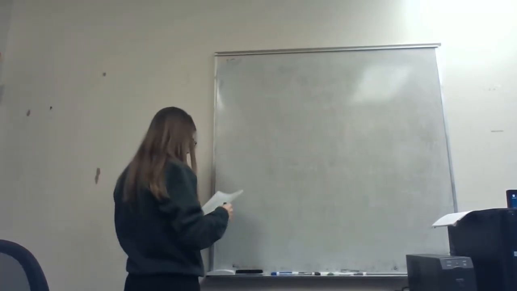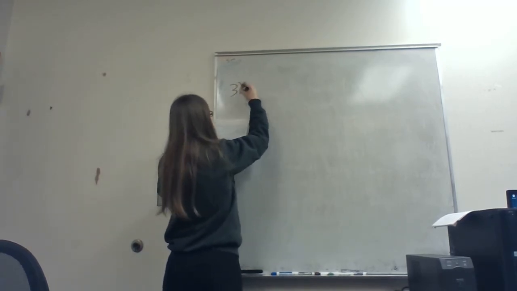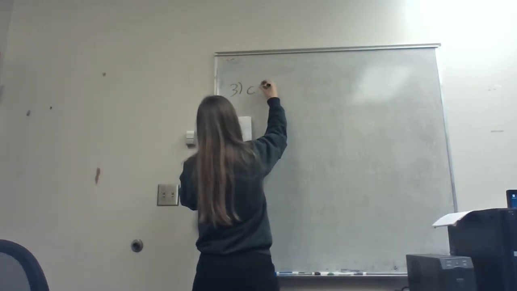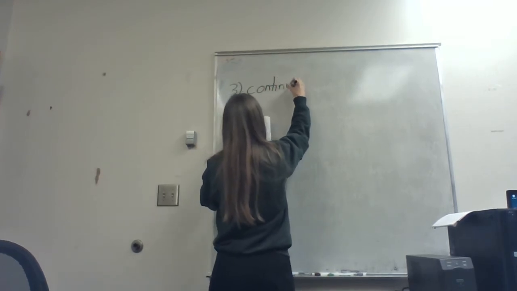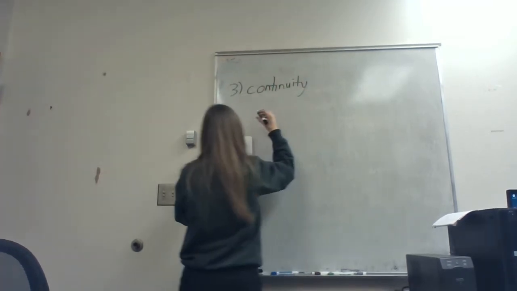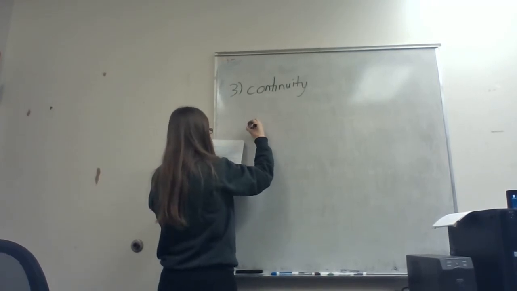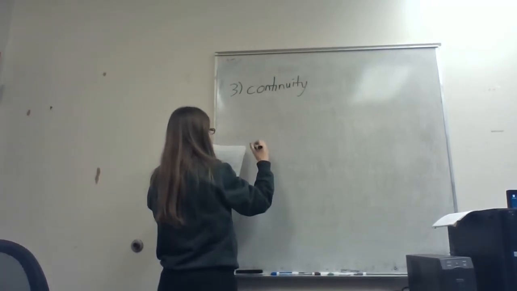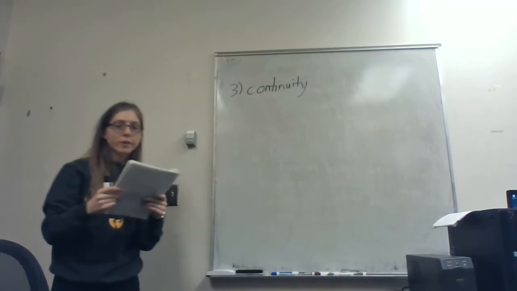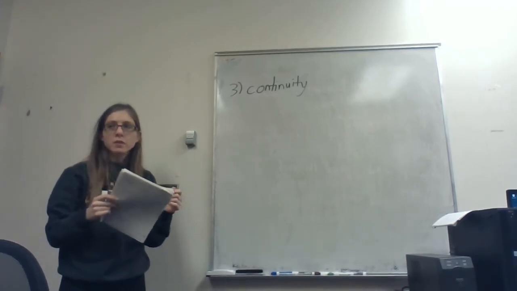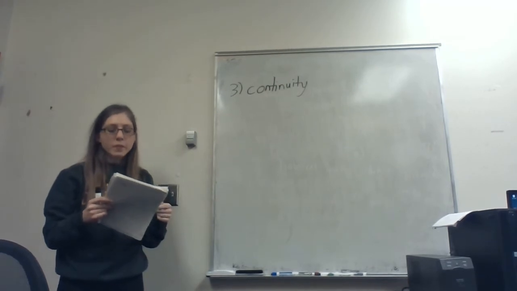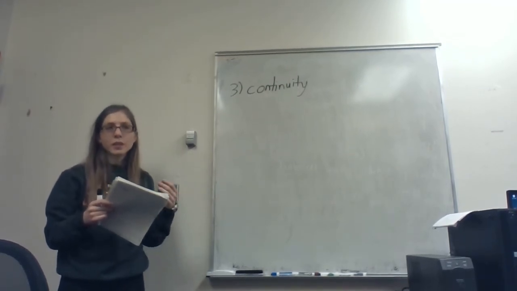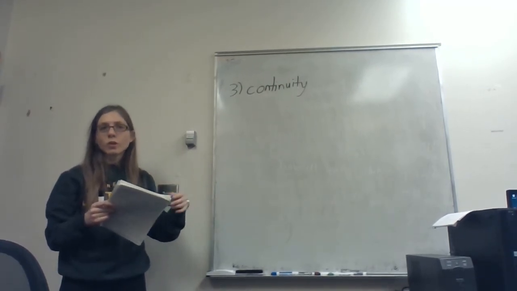So then this other one is continuity, so continuous dependence on initial conditions. This idea is that if you start at a certain initial condition, then you go a little different from that initial condition, you would like your solution to stay relatively close to the one it was at before.